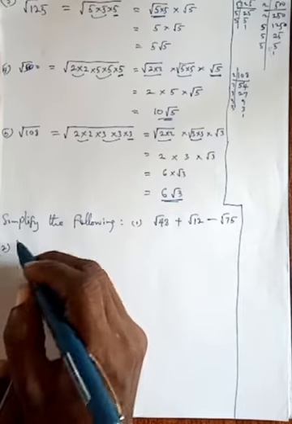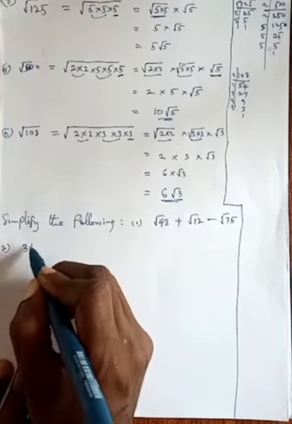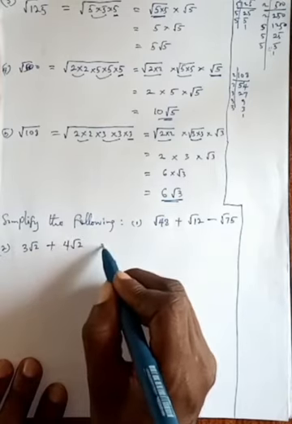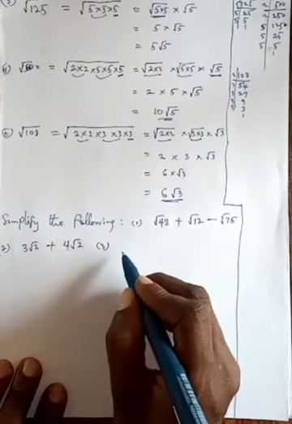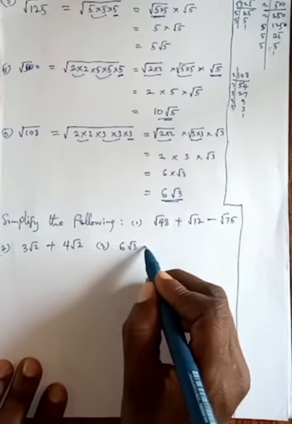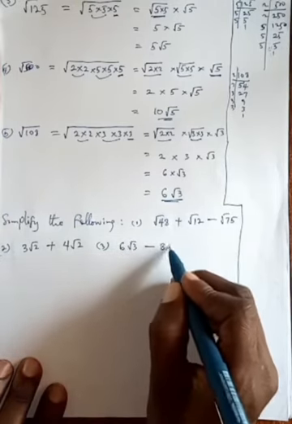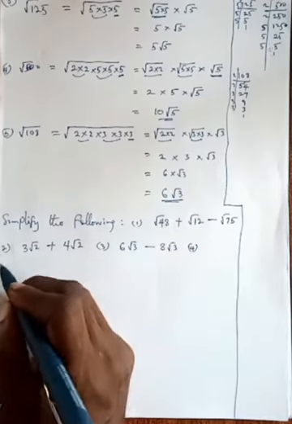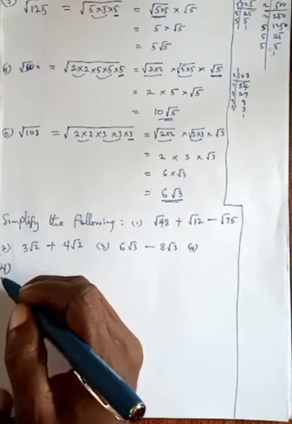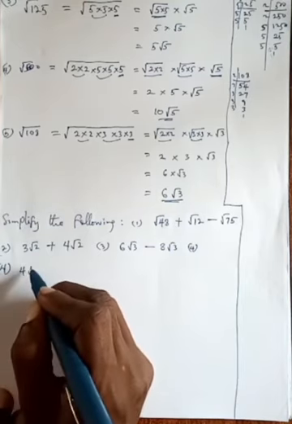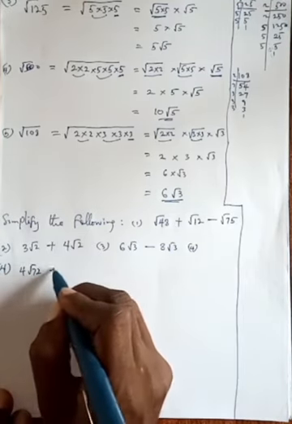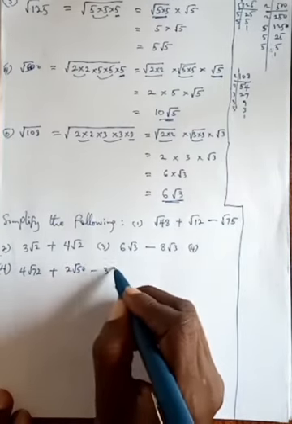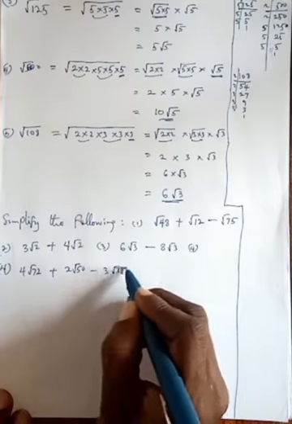Number 2: 3 root 2 plus 4 root 2. Number 3: 6 root 3 minus 8 root 3. And number 4: 4 root 72 plus 2 root 50 minus 3 root 18.